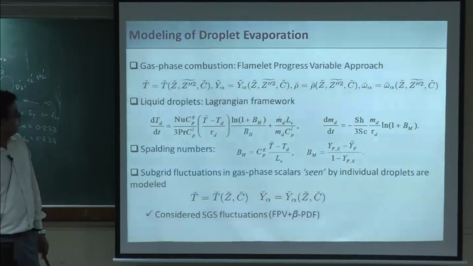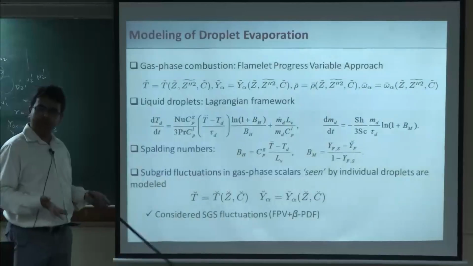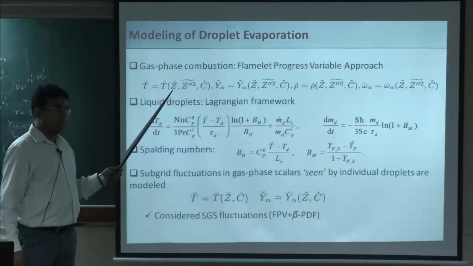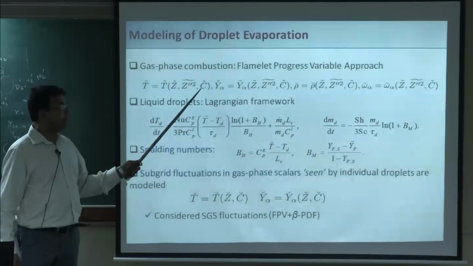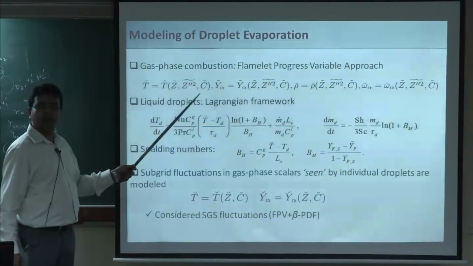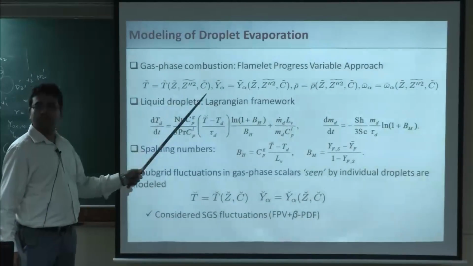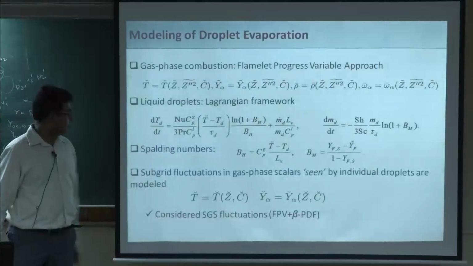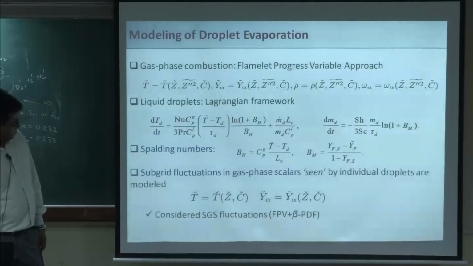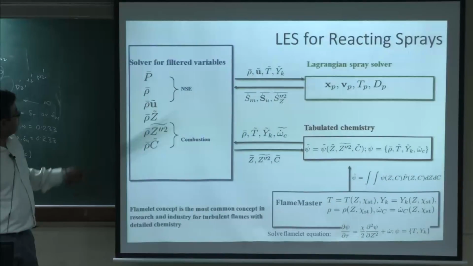Now, in the flamelet progress variable approach, we have tabulated the chemistry in terms of the mean and variance of mixture fraction and the mean reaction progress variable, and then we compute this in our CFD cells and recover the temperature as a function of these parameters. This is basically the algorithm.